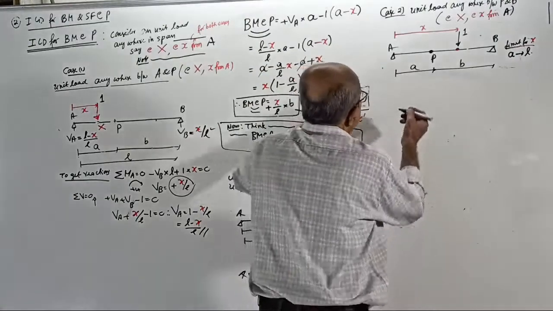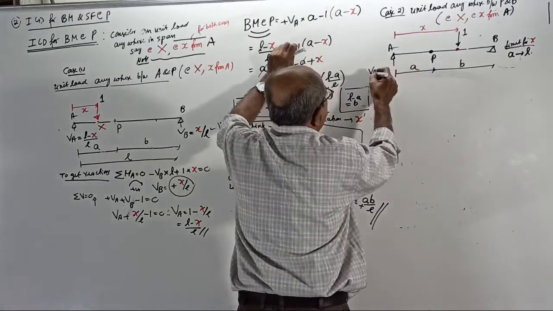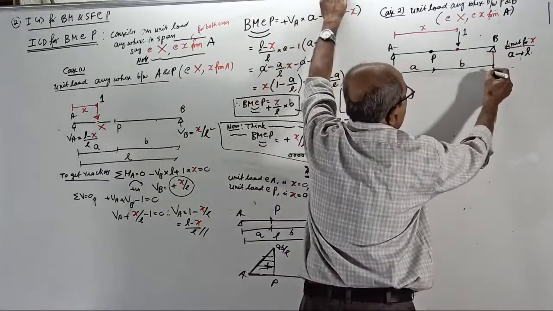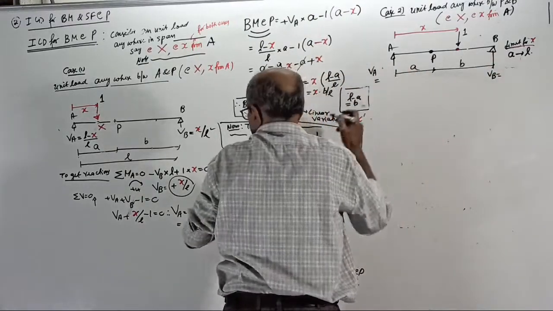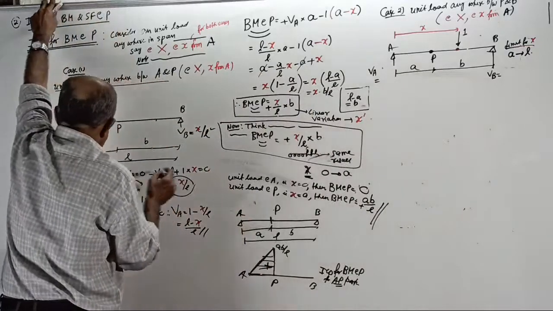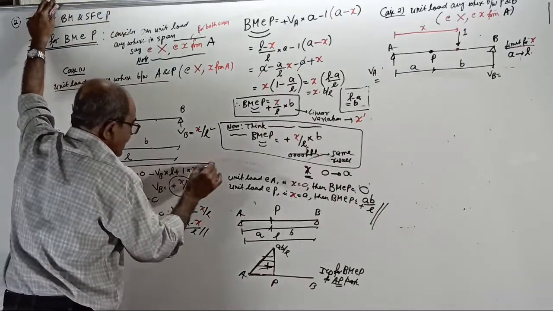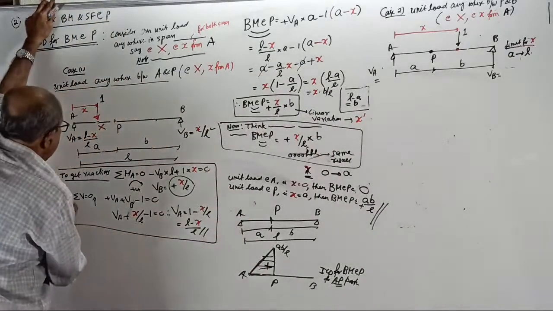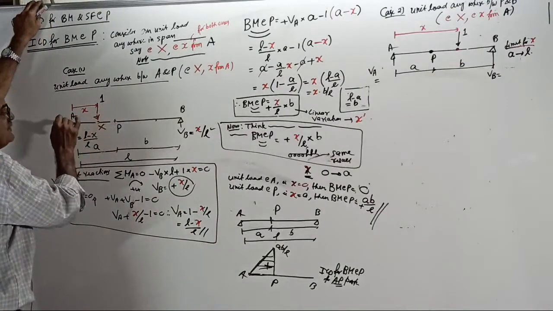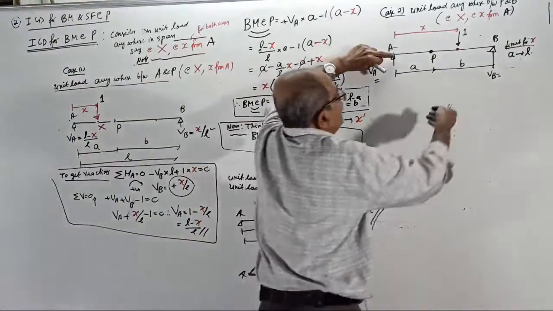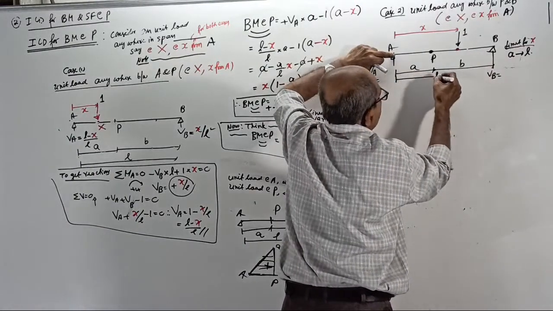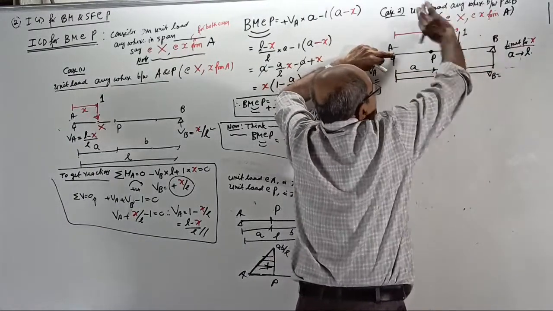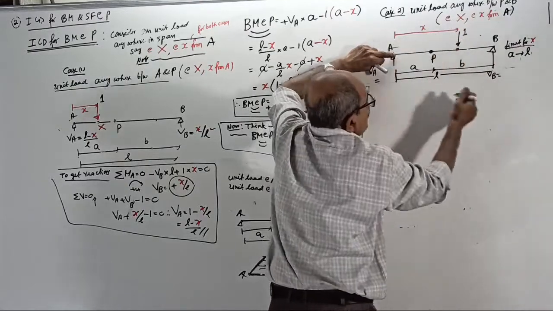Now, this reaction is VA, this reaction is VB. You don't have to find them again because right here the same answer will come. See, the same calculation will repeat because here the load is at x from A. Minus VB into L plus 1 into x equal to 0.